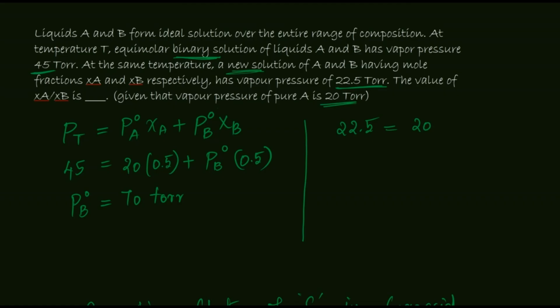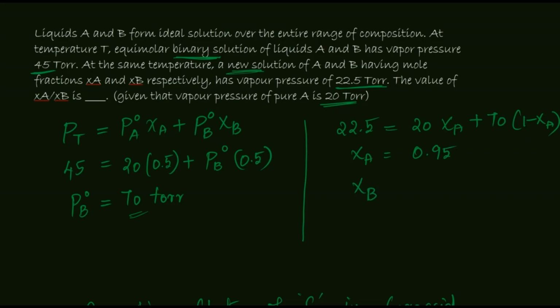So I'm going to take that as chi A, plus 70, the pure B, into 1 minus chi A. That would be our chi B, right? So upon solving this, I'll be getting chi A as 0.95.